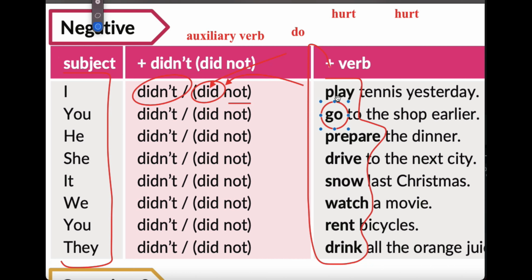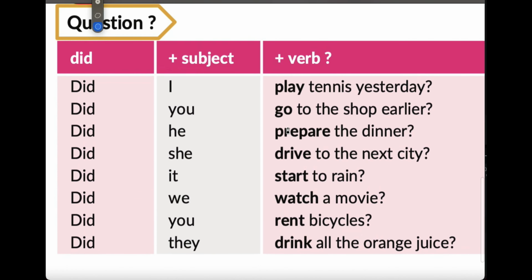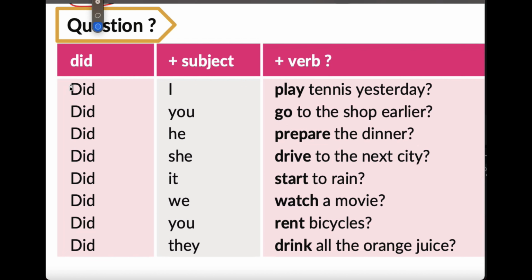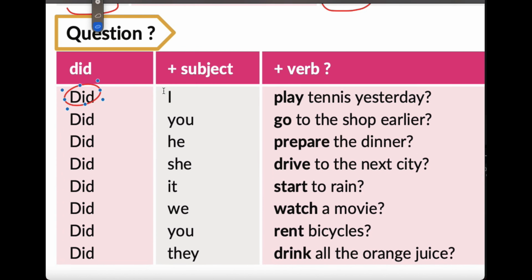That's it. Okay? And the good thing now is that in the question form it's the same thing, because we use the auxiliary verb for negative and for question forms. But remember, X rule, right? Remember question forms in English, X rule. So in here, instead of saying I went, you went, I need to ask in question.